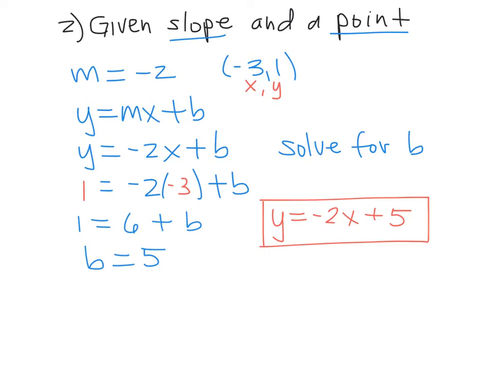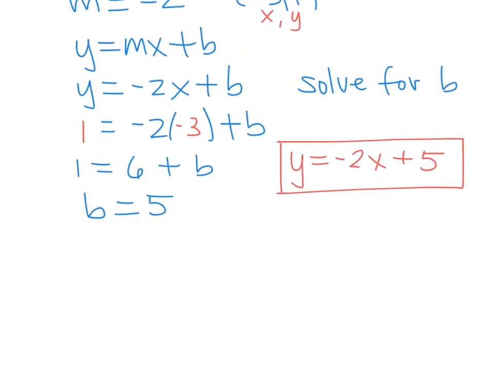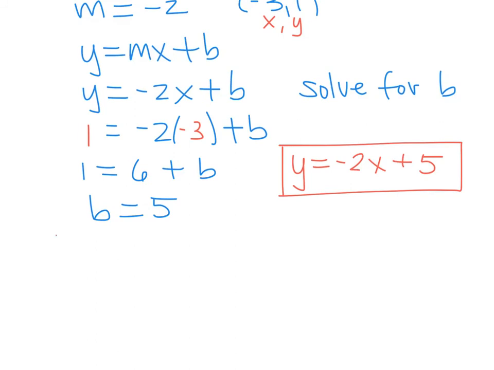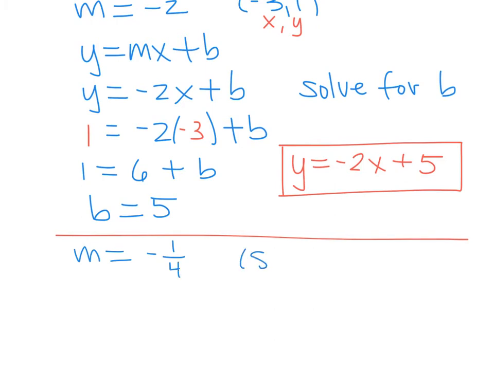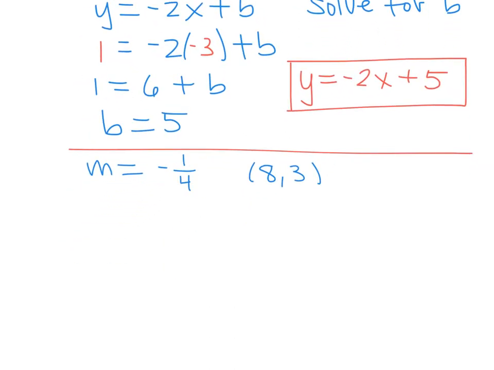All right, let's take another example where we're given, let's say we're given slope is equal to negative 1/4, and we have a point (8, 3). All right, and we want to find that equation of the line.